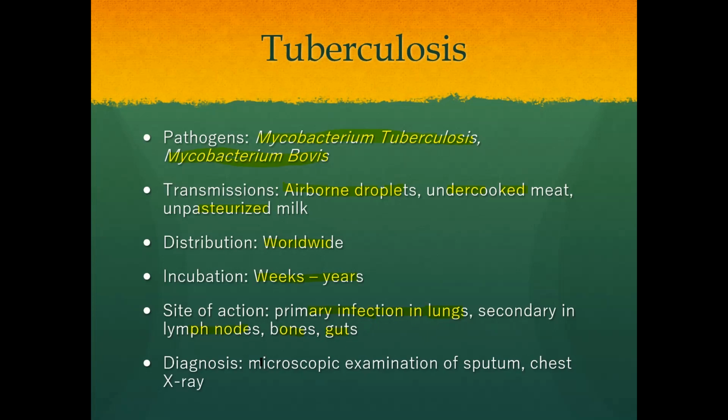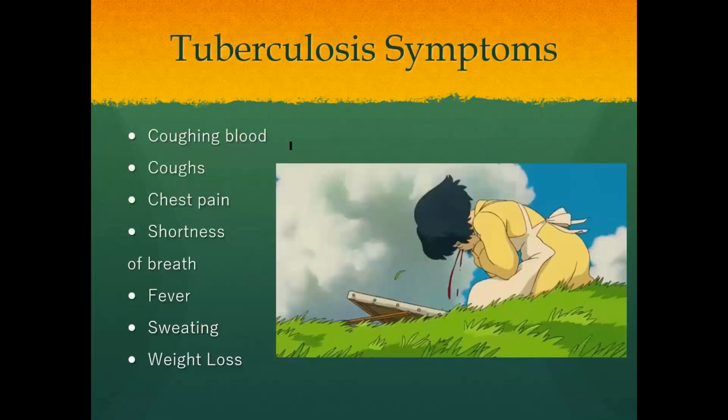Diagnosis is mostly by microscopic examination of the sputum, because the sputum would contain the bacteria, and by chest X-ray, because it primarily infects the lungs. Now, the symptoms: the person will start coughing blood, because the disease takes very long to show symptoms.